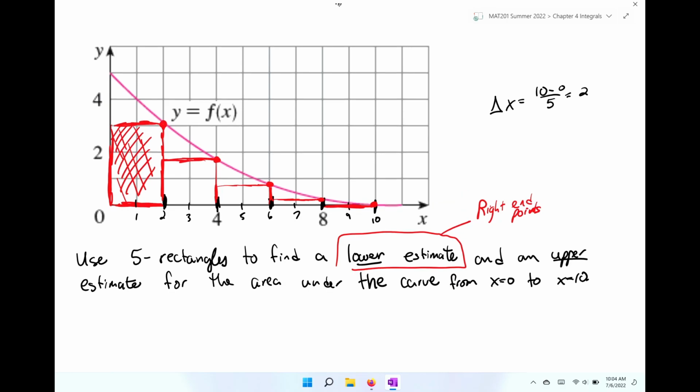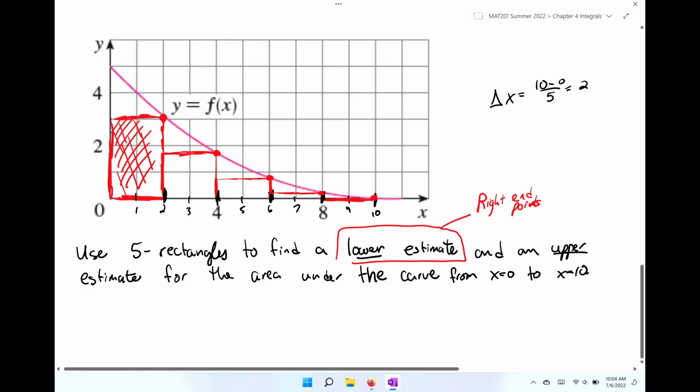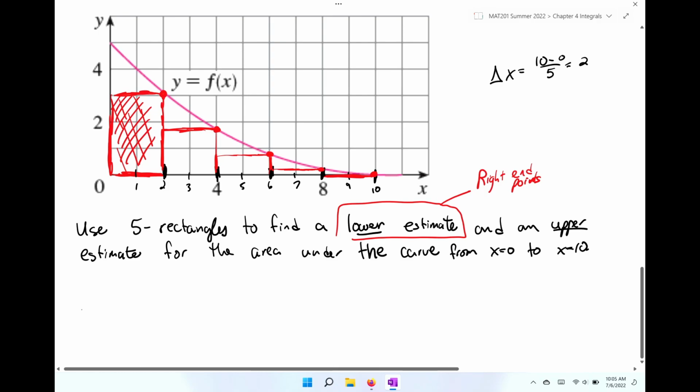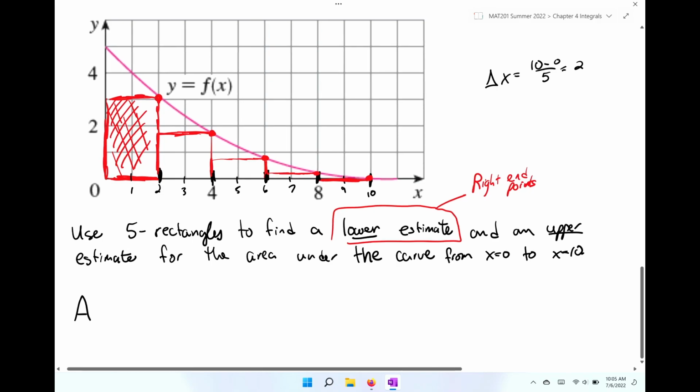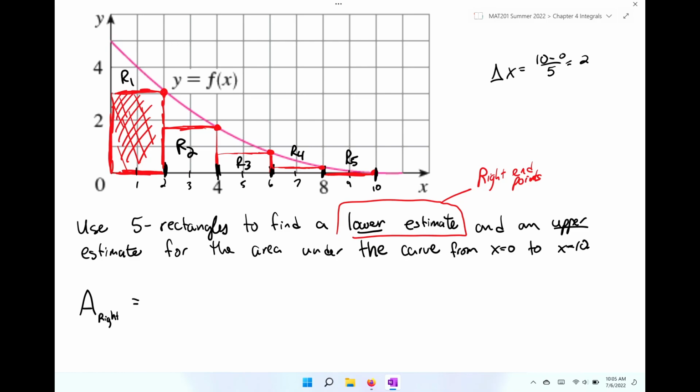All right, now, I'm going to use just some notation here. So to find the area of the rectangles, notice that we have regions 1, 2, 3, 4, and 5. Now, I need to find the area of every single one of these rectangles that we just drew, okay?